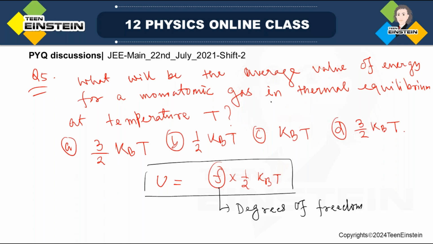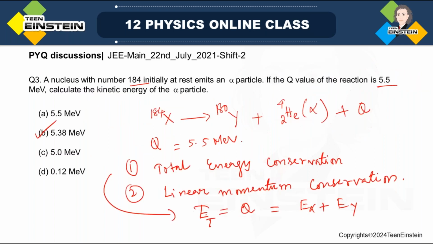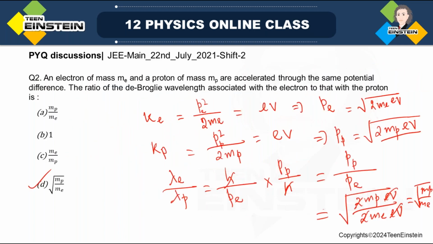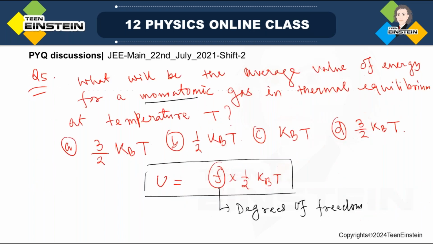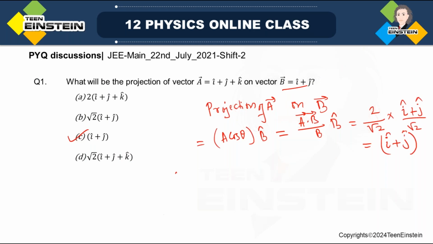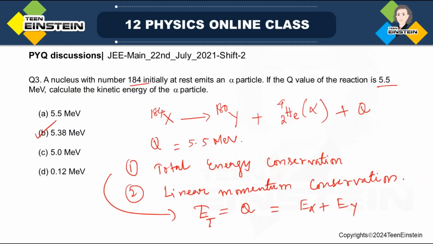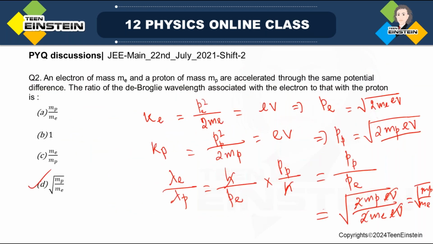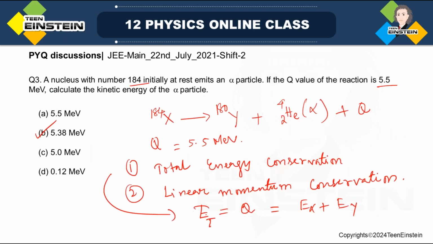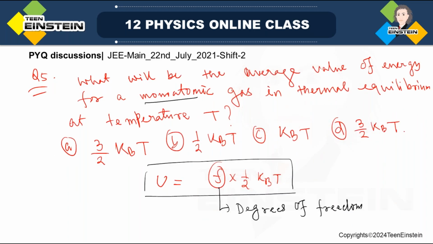So monoatomic gas. What is the degrees of freedom of a monoatomic gas?